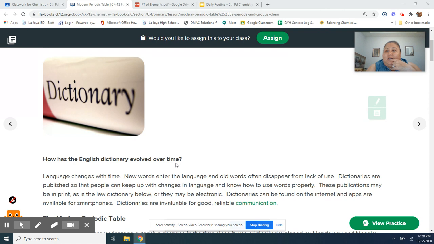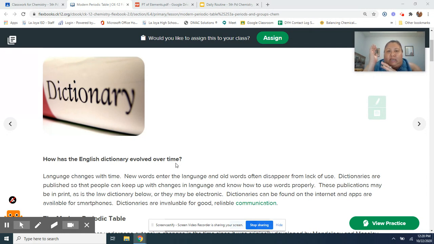The periodic table is very similar, except we don't delete elements, right? Elements, once they've been discovered, get added to our periodic table, and it just continues to grow and grow and grow. The first periodic table, when it was published by Mendeleev, only had about 60 some, 65 or 63, I don't remember. It was in 1870 that it got published.